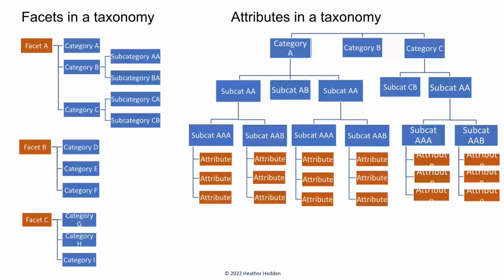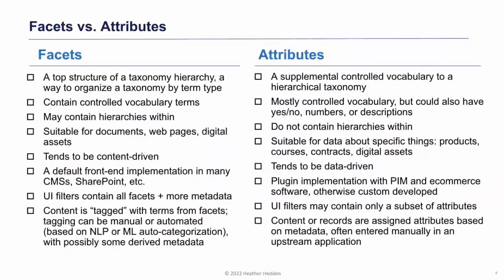So I hope that gives an idea. It is different in the design on the back end. On the front end, the user puts something in a search box and then they get filters, and it might not actually seem that different. But the difference with the facets first is that you can get the facets appearing as filters even from the beginning without putting something in the search box. So there's a little different experience there.